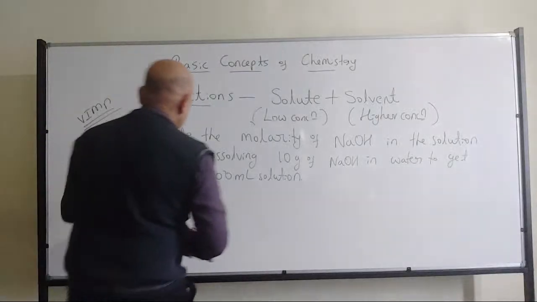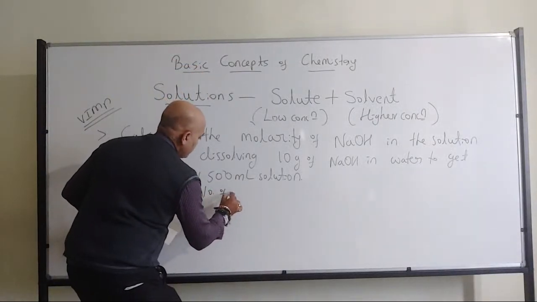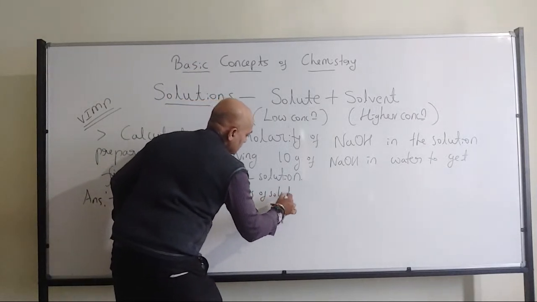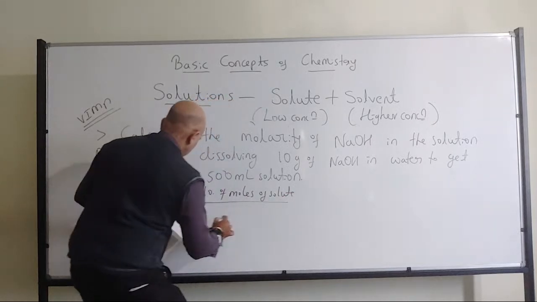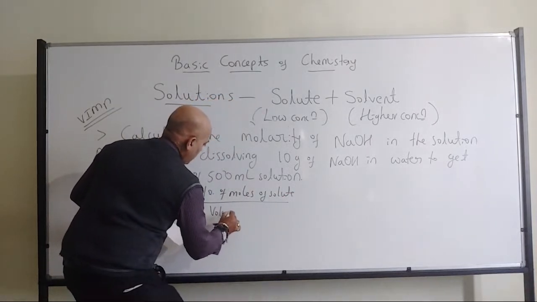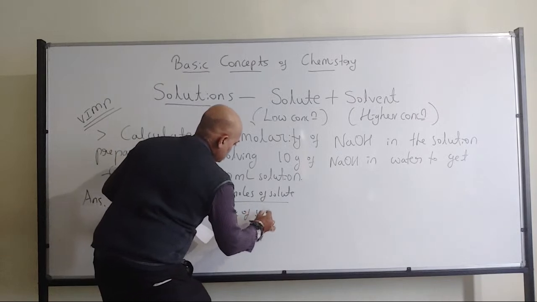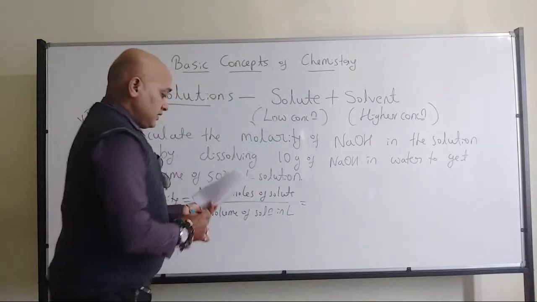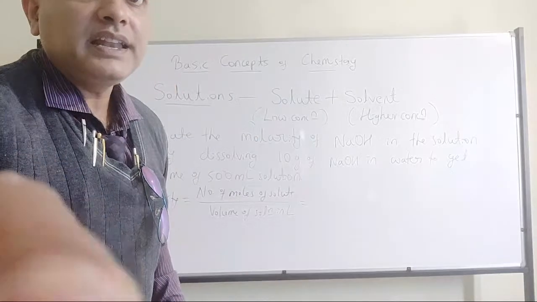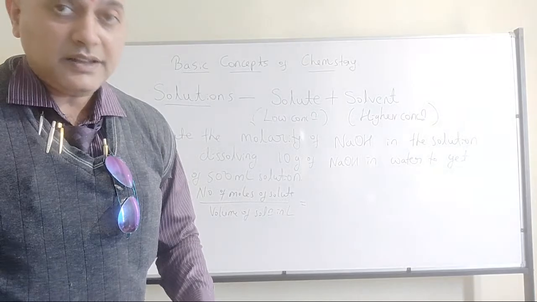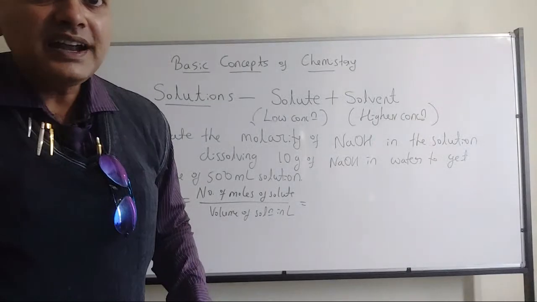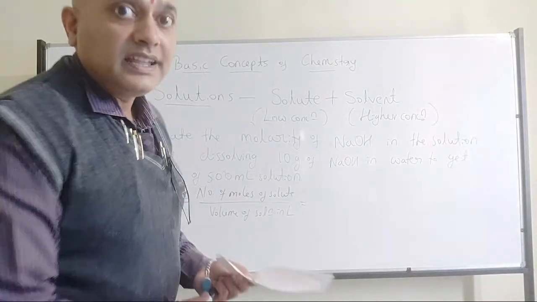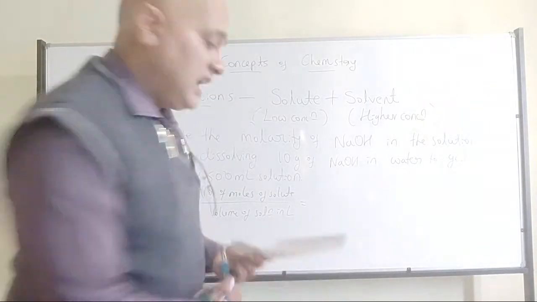No, we will see: number of moles of solute divided by volume of solution in liter. Right? That's why I told in the beginning, the volume of solution in liter, many times I told. Right? So Likita, she is correct. Likita and Sahana, they are correct.